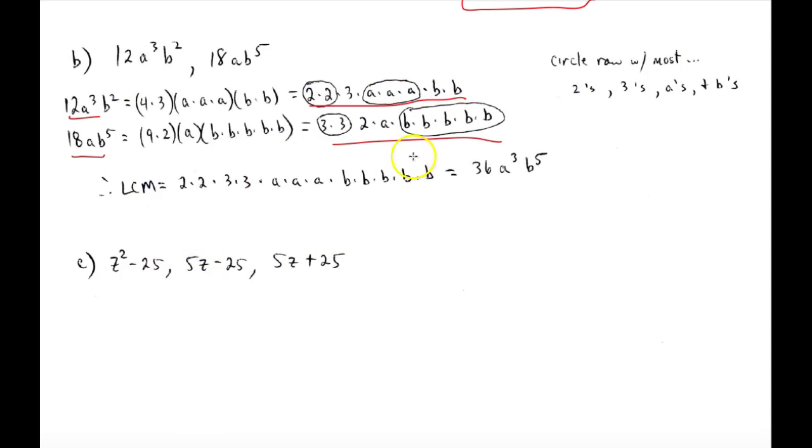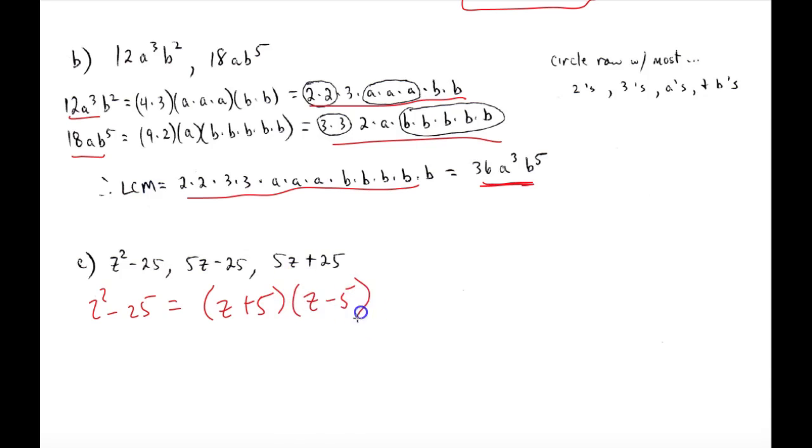And so we see that the first row had the most 2s. The second row had the most 3s. The first row had the most a's. And the second row had the most b's. And so when we multiply all that together, we see that 36a cubed b to the 5th is what our least common multiple would be. So for example C, if we factor z squared minus 25, that's z minus 5 times z plus 5.